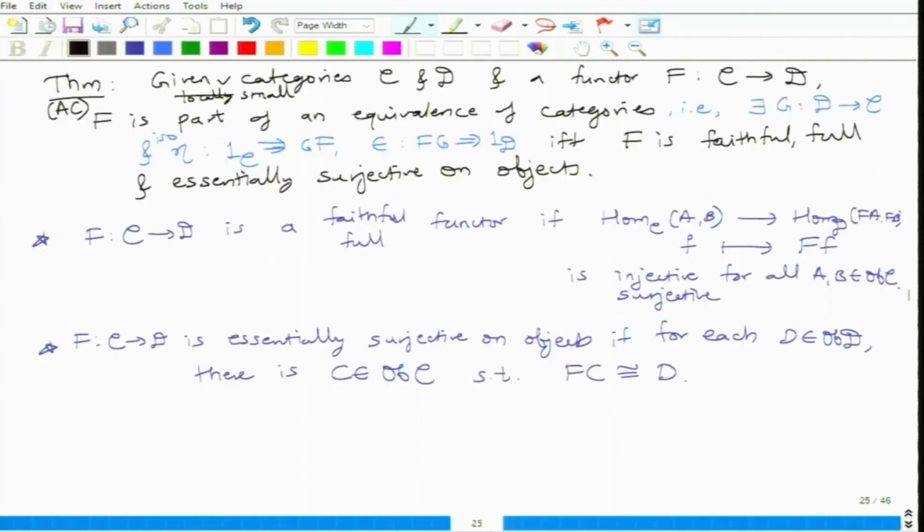That on hom sets, the functor induces a bijection, and essentially surjective on objects means that every object in the target category is isomorphic to something in the image. So basically the image of this functor intersects every isomorphism class in the target category. All these definitions are written and we are going to prove this theorem now.